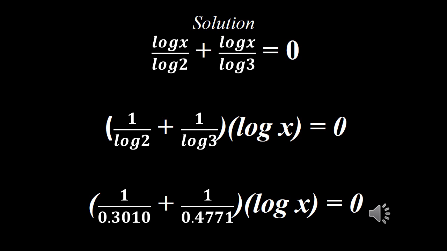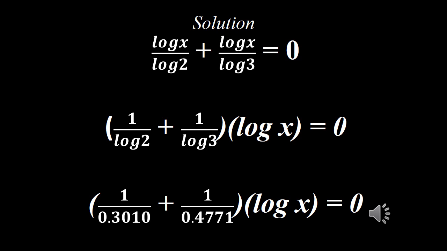So there is a rule in logarithm that says log b base a is equal to log b over log a. That means we can have log x base 2 as log x over log 2 plus log x base 3 as log x over log 3, everything equals 0.